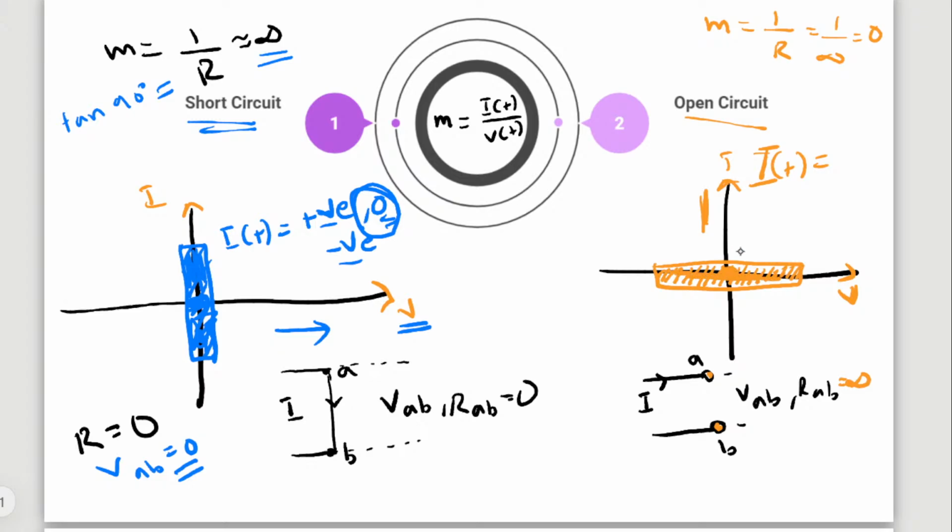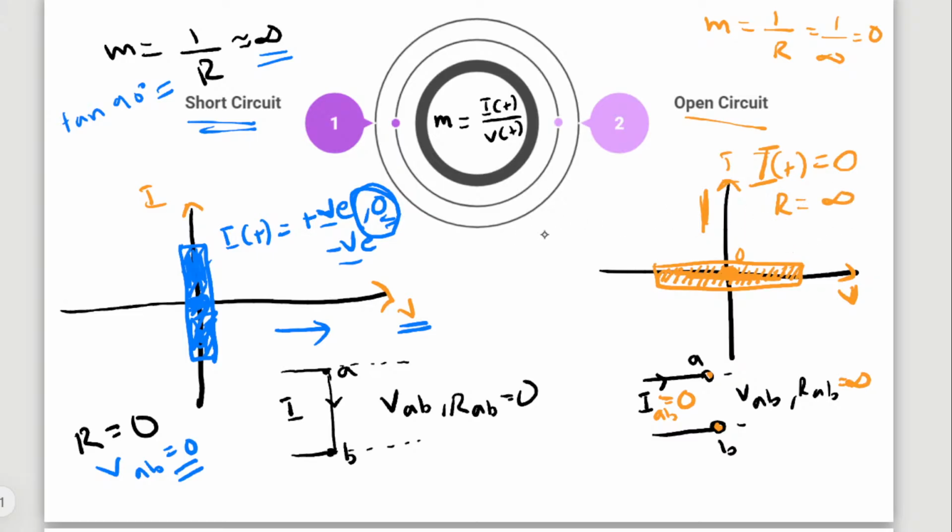So I(t) is 0. So in the open-circuited condition, the current will always be 0 between the points A and B. The current is 0 in case of an open circuit. Also we get the resistance value as infinity.